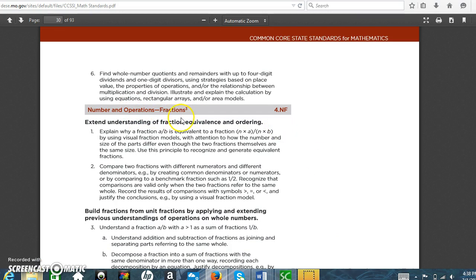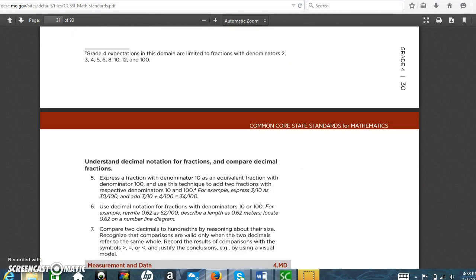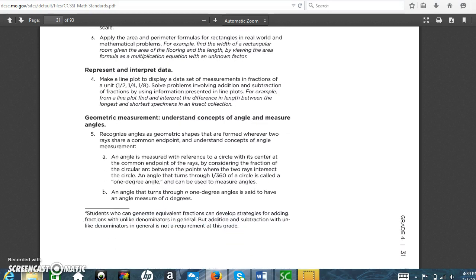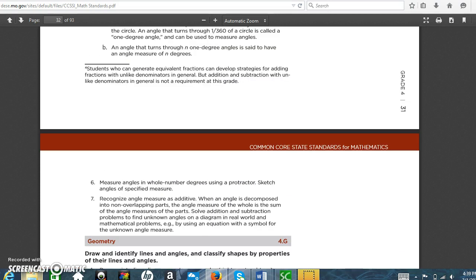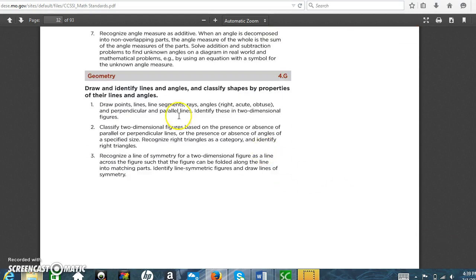Numbers and operations in fractions, 4th grade, numbers in fractions. Measurement and data, 4th grade, measurement and data, MD. And then finally, we see geometry, 4.G, 4th grade geometry.